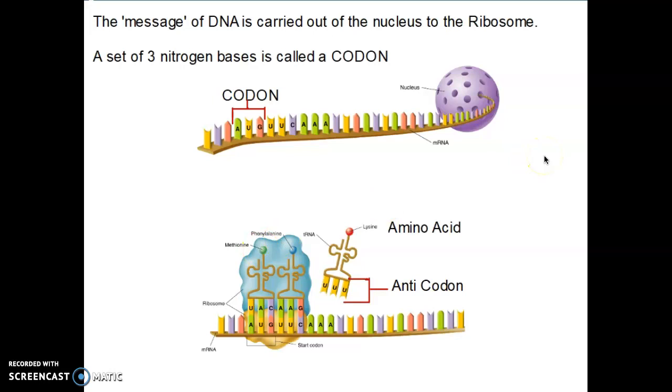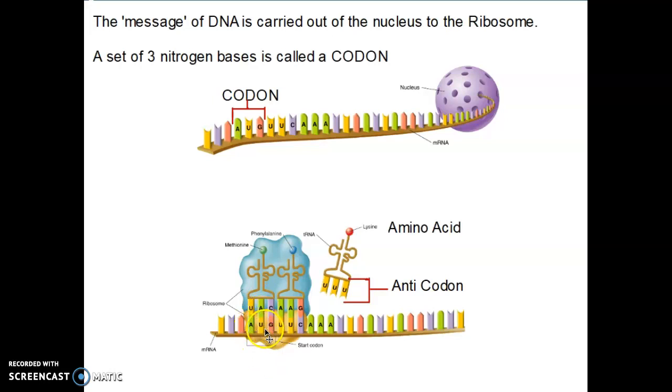And then if you'll notice, on the tRNA is something called an anticodon. I want you to think of it as opposite, okay? So as you can tell here, our codons on RNA were AUG, UUC, and the next one coming up is AAA. Well, if you look on the tRNA molecules, the anticodons are the opposite of those, kind of like how we did complementary strands on DNA.